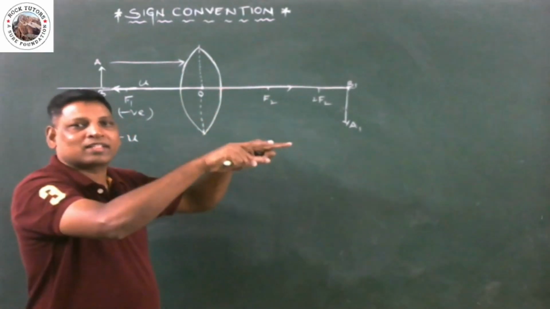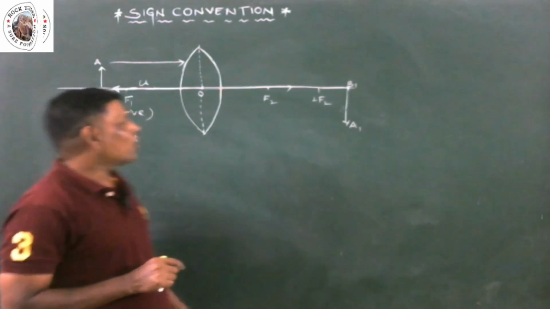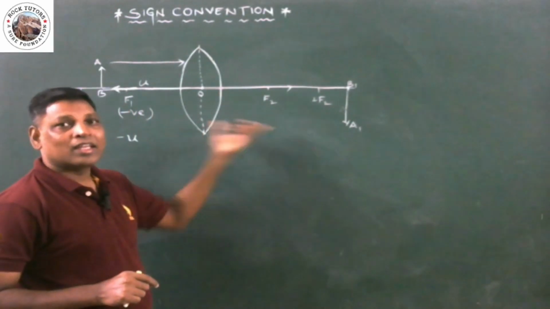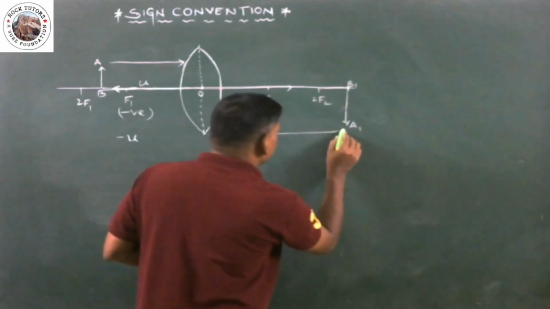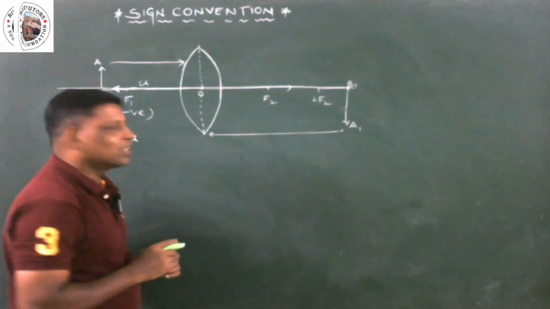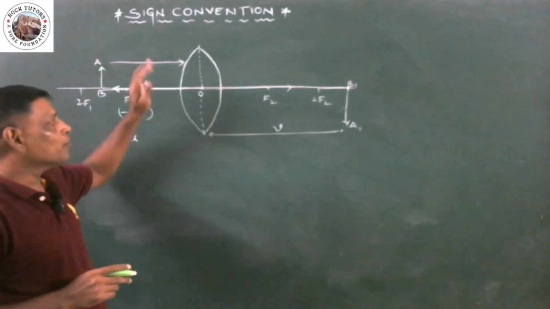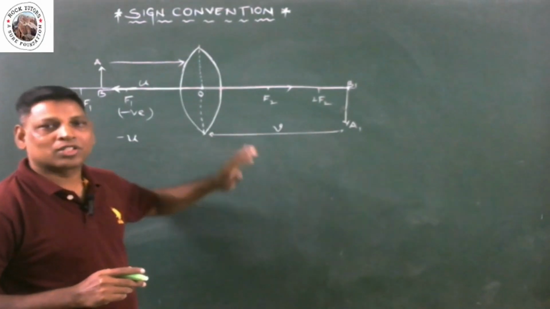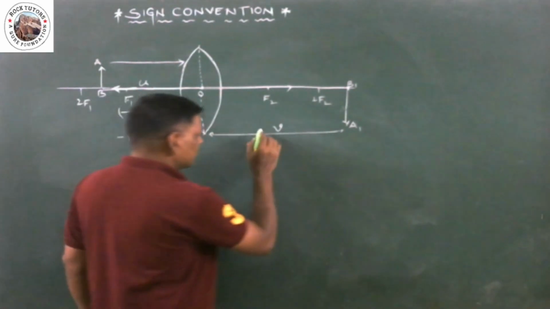Both are in the same direction, so we take it as positive. This is the image distance, and we use the letter V. This sign is positive, because both are in the same direction.